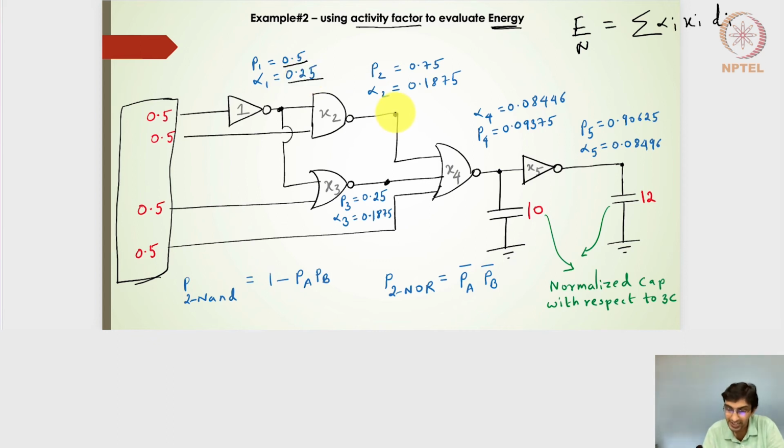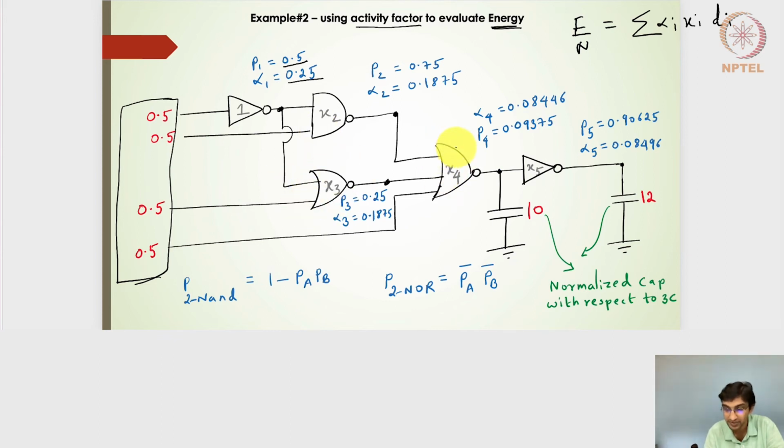Let's try to find out the activity factor of this particular gate, the second gate, which is having a driving factor of x2. Remember that in this particular example, the driving factors are mentioned along with the gates. So a value of 1 here represents the driving factor of 1. X2 is the driving factor of this 2-input NAND gate. X3 is the driving factor of this 2-input NOR gate.